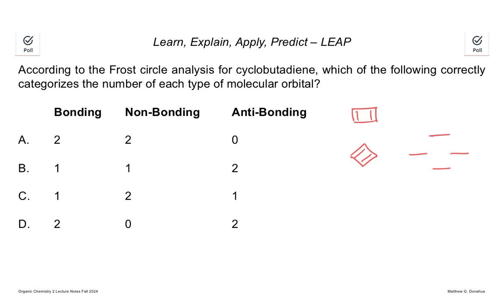And now you can see, based on the symmetry, if we draw a dotted line through it in blue, now we do have orbitals residing on that non-bonded line. So bonding, non-bonding, anti-bonding.